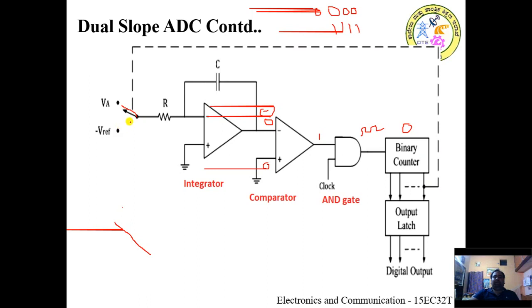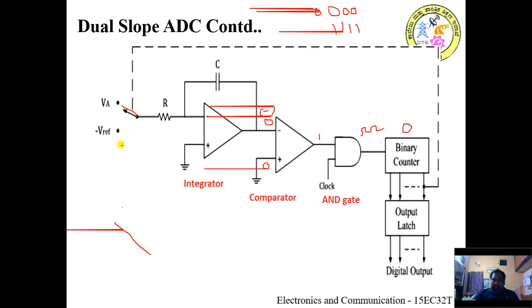Means the switching action of this switch is controlled by the binary counter value. Whenever a rollover occurs, rollover means all maximum ones to zeros, the switch is going to change its position from the unknown analog input voltage to a known reference voltage.